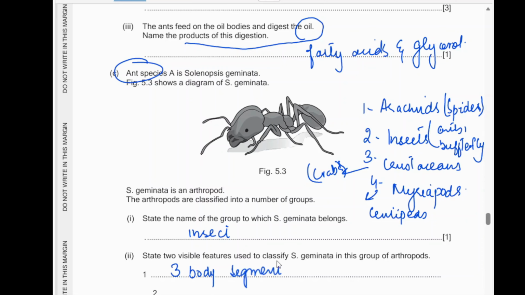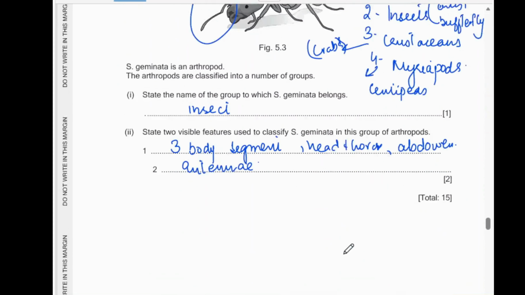Head, thorax, and abdomen. What is the other difference? Antennae. If you want to write another difference, six pairs of legs. Okay, so you can write three.